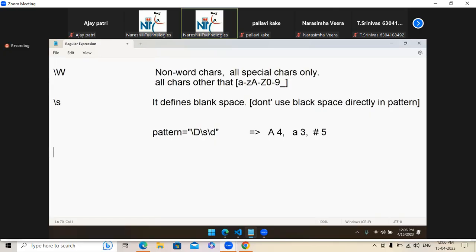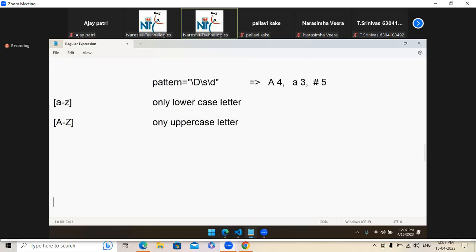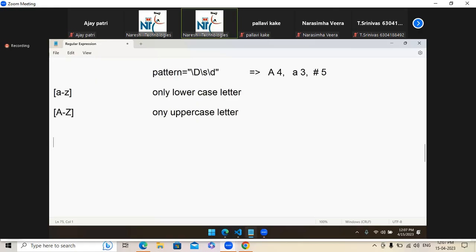Next, you have patterns like this, a-z. This indicates only lowercase letters. If I say A-Z, this indicates only uppercase letters. Only one letter, any letter between A to Z, one letter. You can write like this, a-zA-Z.